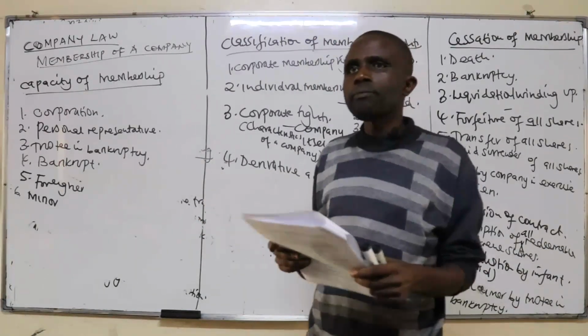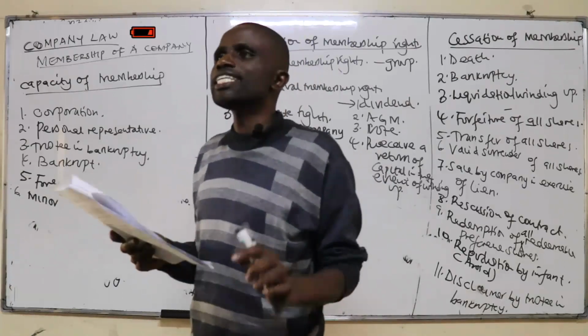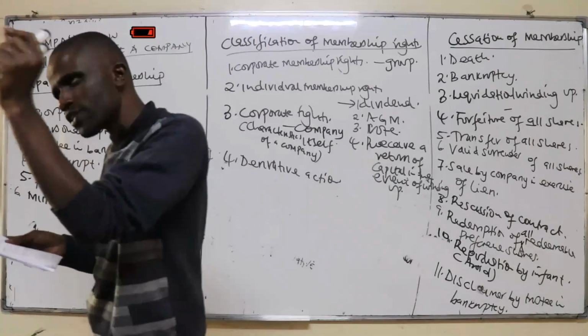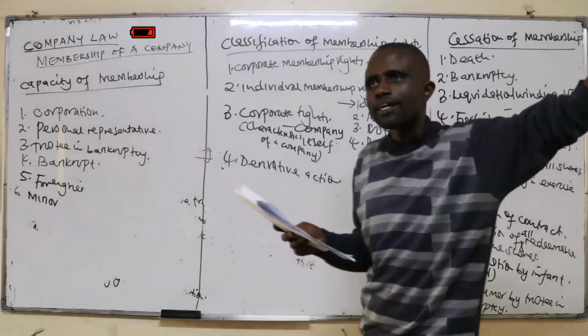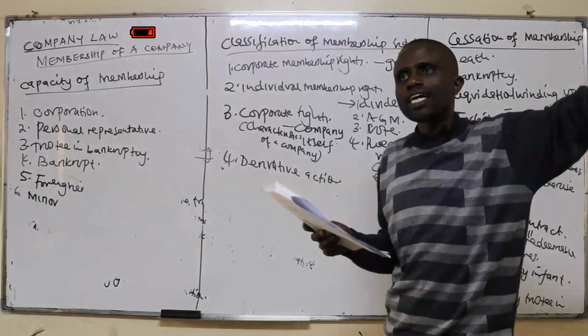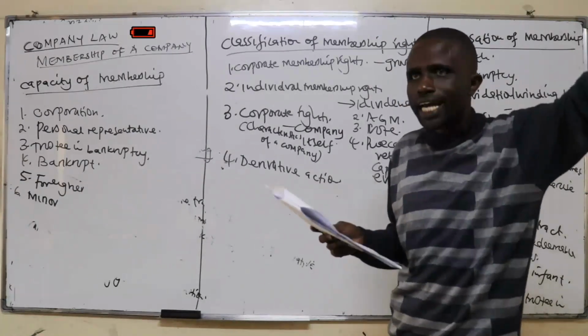So the court may make the following orders in regards to the rectification of the register. Unaelewa? Kulikuwa na orders in regard to the inspection of the register. Sindio? Orders in regard to the inspection of the register.